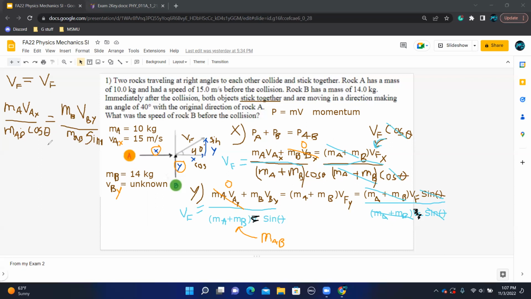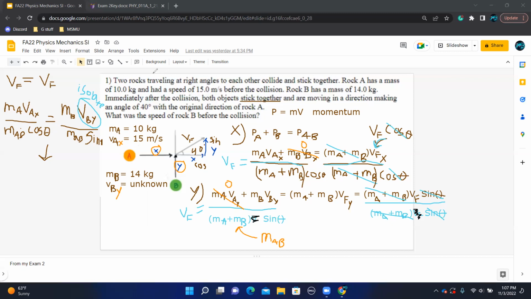I don't have much room, so let's just isolate this. And the way you're going to do that is by multiplying by the inverse of this M B sine.